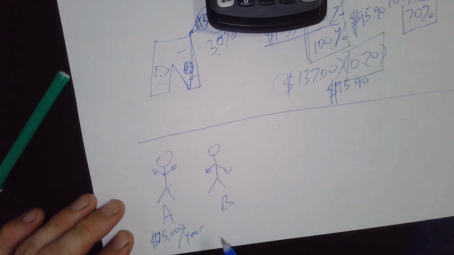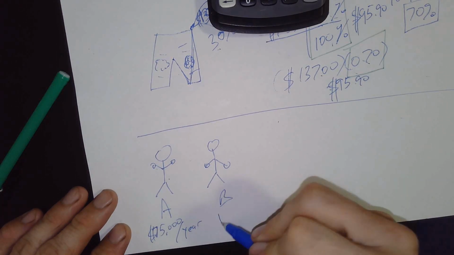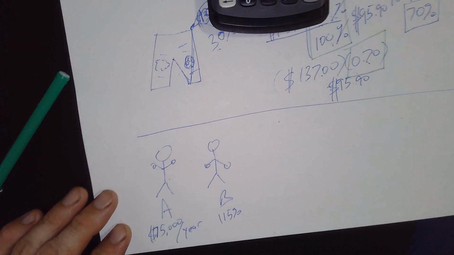Worker B, all we know is that worker B makes 115% of what worker A makes.